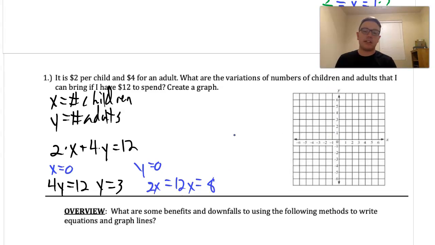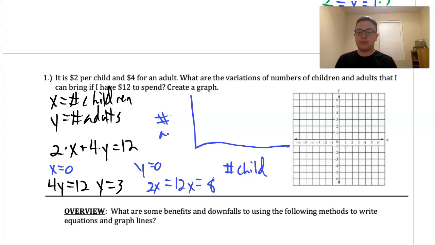Now, instead of using a graph like this, we can say, perfect, we already have everything we need. Our x-axis is going to be our number of children, and our y is going to be our number of adults. When we mark these out, 1, 2, 3, 4, and 1, 2, 3, 4, 5, 6, 7, 8, we know we can bring up to 8 children in, and up to 4 adults.